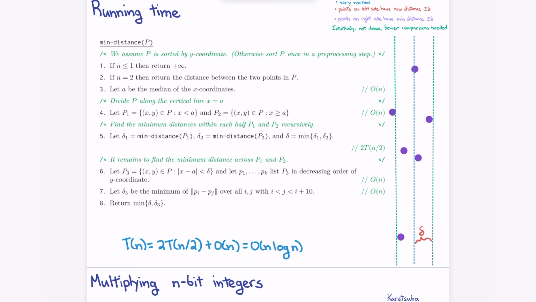Yeah, so the two recursive halves give you two T of n over 2s, plus the rest of the work is O of n, especially if we don't have to resort things. And we've already done this recurrence. That's n log n. Okay, yeah. Finding the median is O of n because we've already shown, yes, O of n.